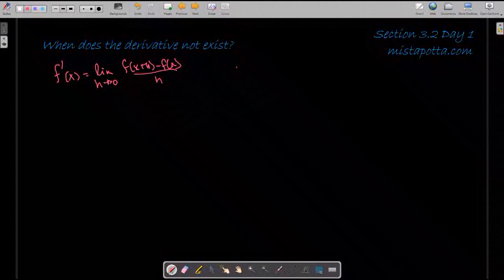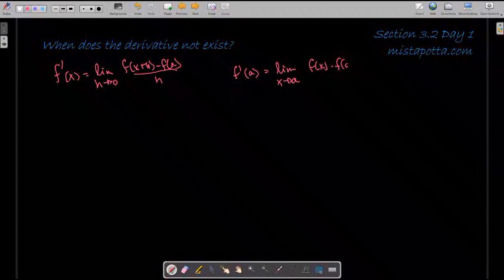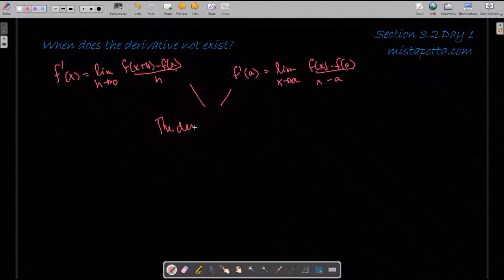And we also talked about how I could talk about the derivative at a particular point being the limit as x approaches a of f of x minus f of a over x minus a. Key thing to remember here is that in either of these cases, the derivative is a limit.